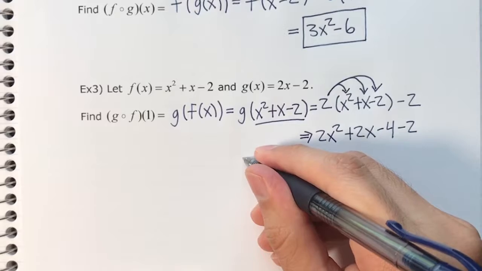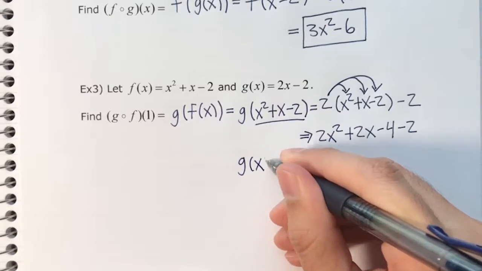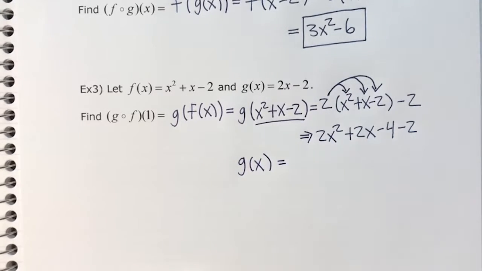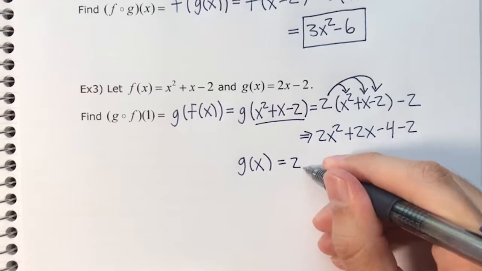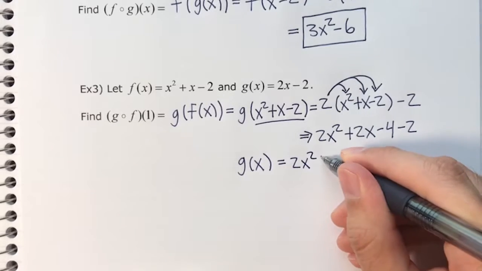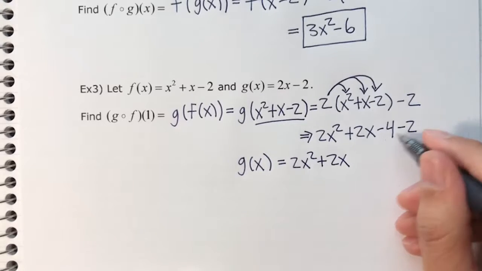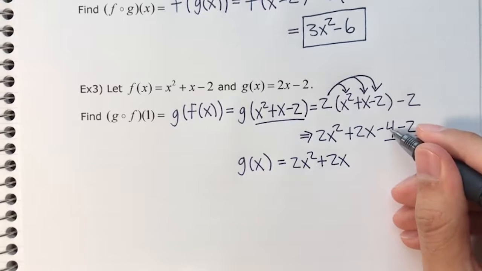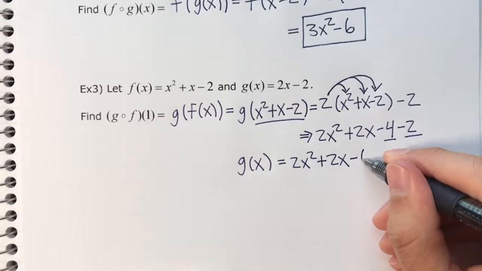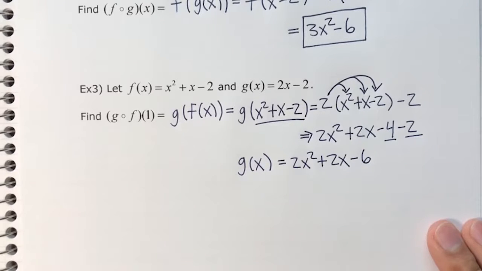So what's our new g of x going to look like? Well, we have 2x squared plus 2x, and these two are like terms. Negative 4 minus 2 is negative 6. So that's our new g of x.